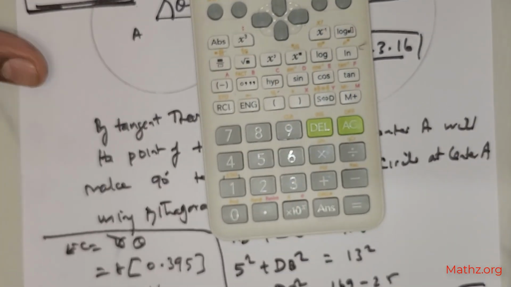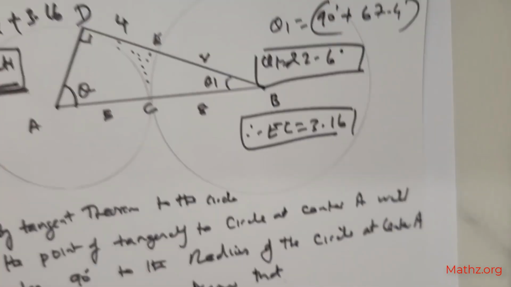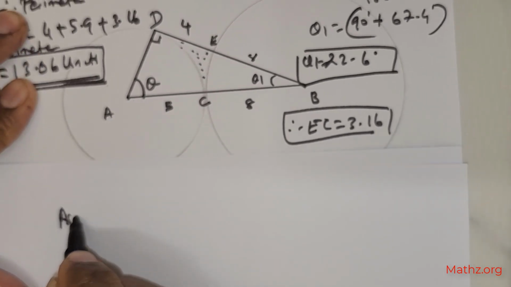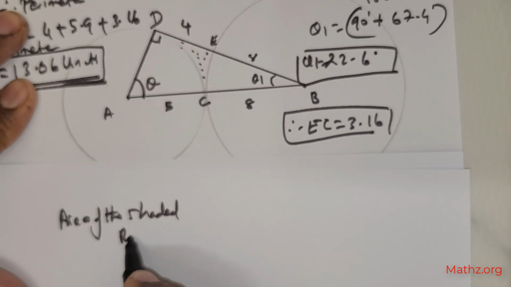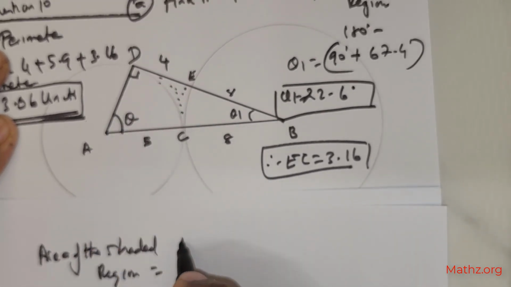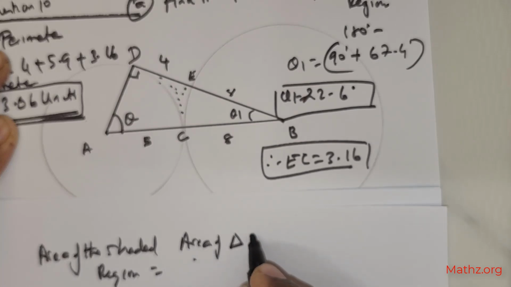So let's move on to the next part. The next part is to find the area of the shaded region. This is a powerful question. So let me write that down. Area of the shaded region. To find this, first you have to take the area of the triangle BDA.